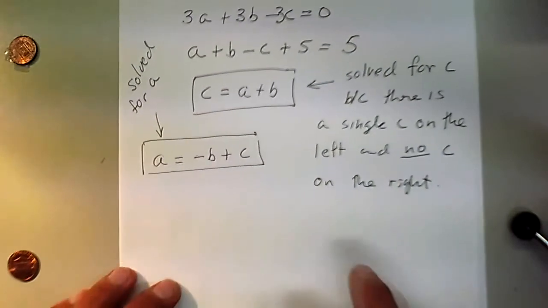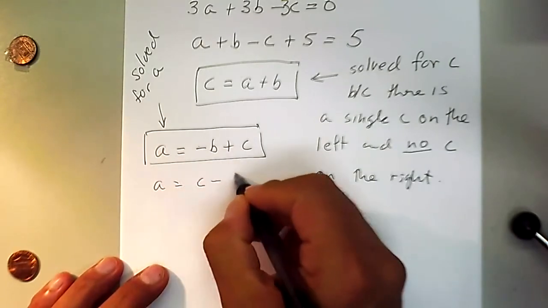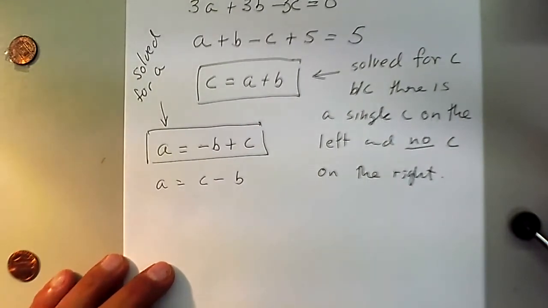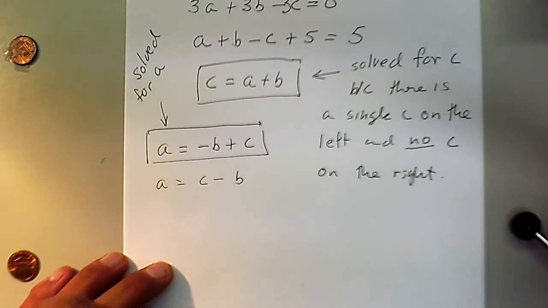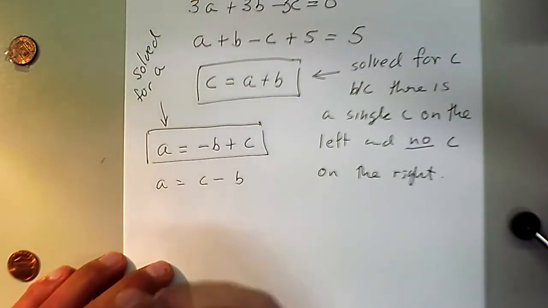Oh, before I move on, somebody could say, wait a minute, could I rewrite it as C minus B? There's a rule in algebra that says the letters that show up in an expression should be written in alphabetical order. There is such a rule. However, for purposes of the classes I teach, I really won't enforce that rule. At least unless I strictly say it in a problem, I won't enforce the rule. So if you write this down, that will be okay.